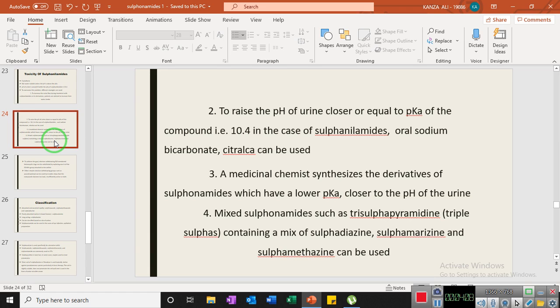What does it mean? Why we are increasing the pH of the urine, or why we are reducing the pK of the compound?